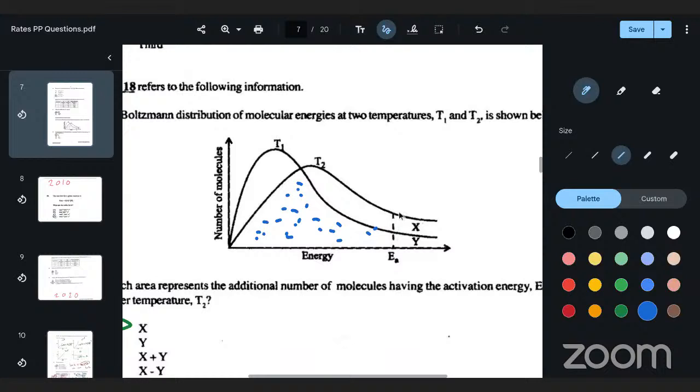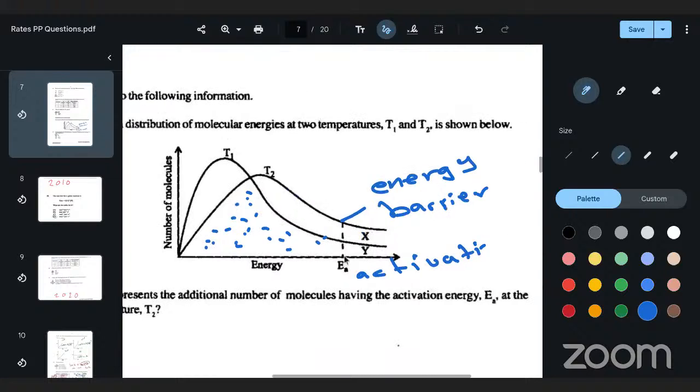This line here would basically be the energy barrier. So EA, that is the activation energy. It is the energy barrier, meaning only molecules with this energy or greater can lead to a reaction when they collide. Is that clear?